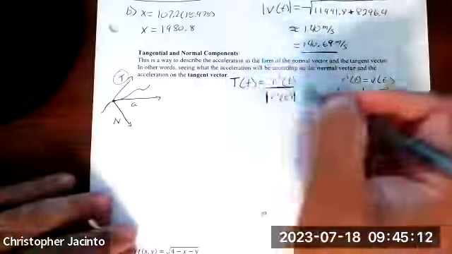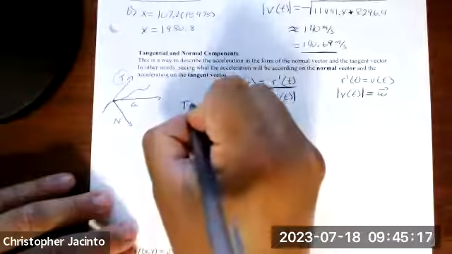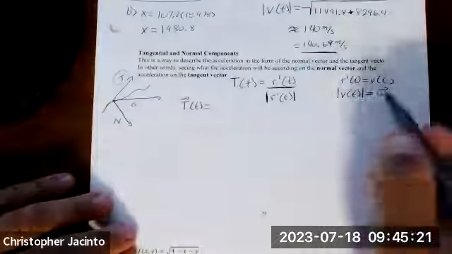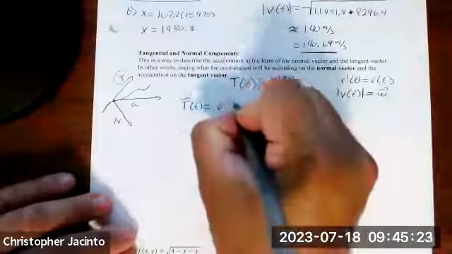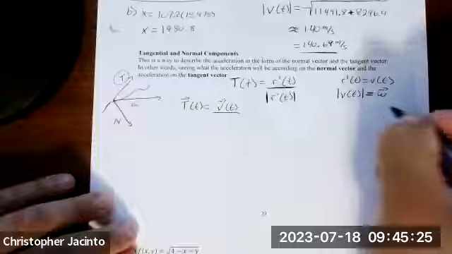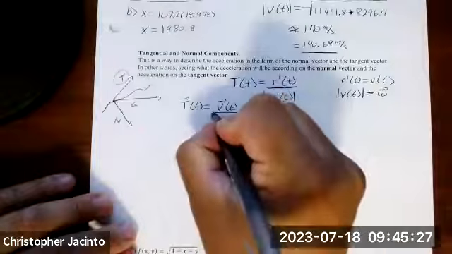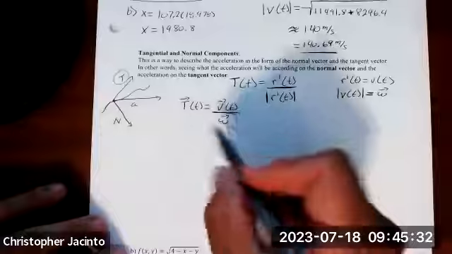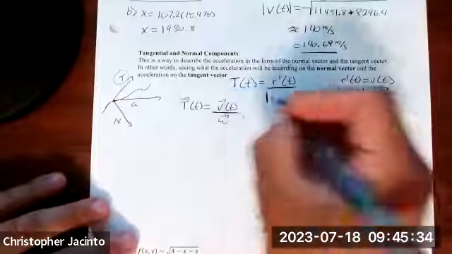So therefore, I can rewrite all of this to have v on top over W. And if I just solve for the velocity, that means just multiply it over.